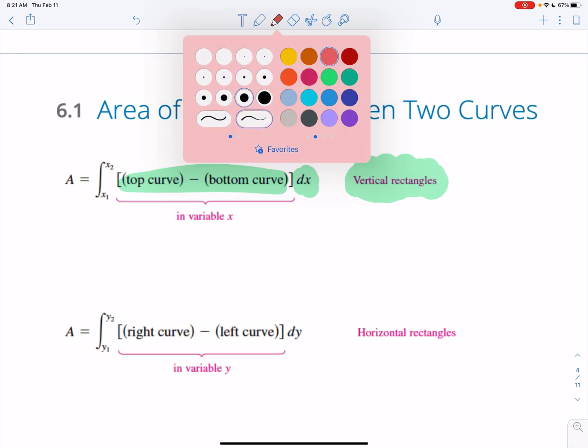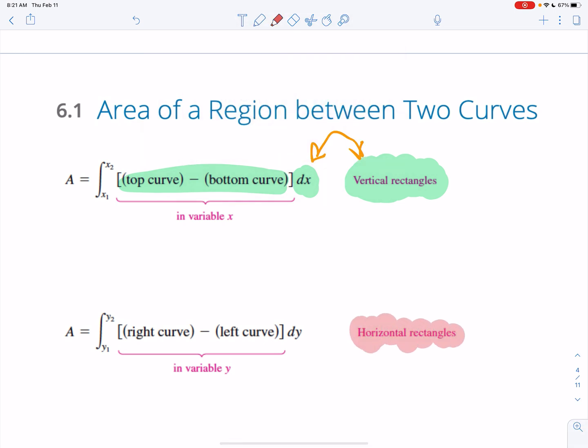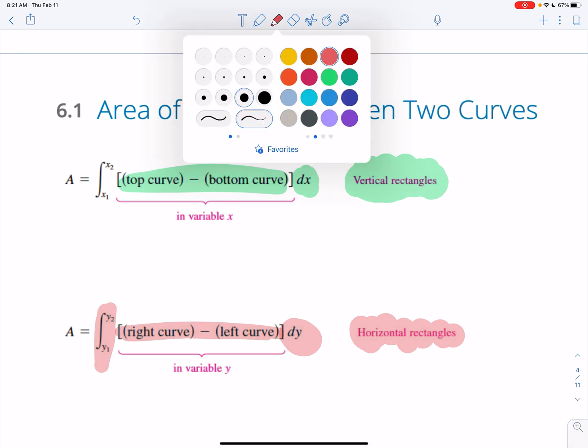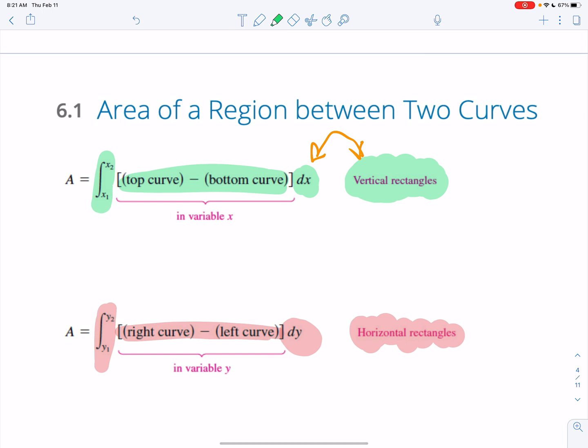Now, if you have horizontal rectangles, that implies that you're integrating with y, which is right minus left. Pretty easy to remember, okay? Notice how the bounds are also in terms of y here, okay? Whereas the other one, everything was in terms of x. Okay? Probably a lot easier if I show you an example.